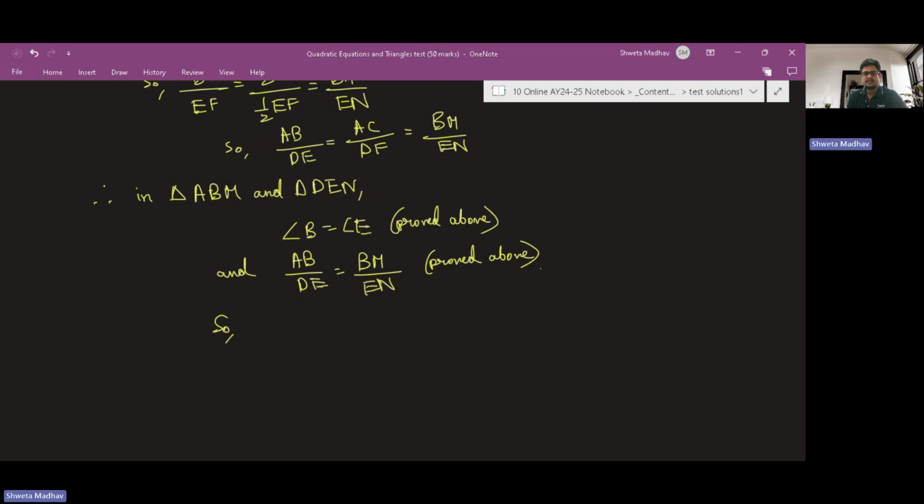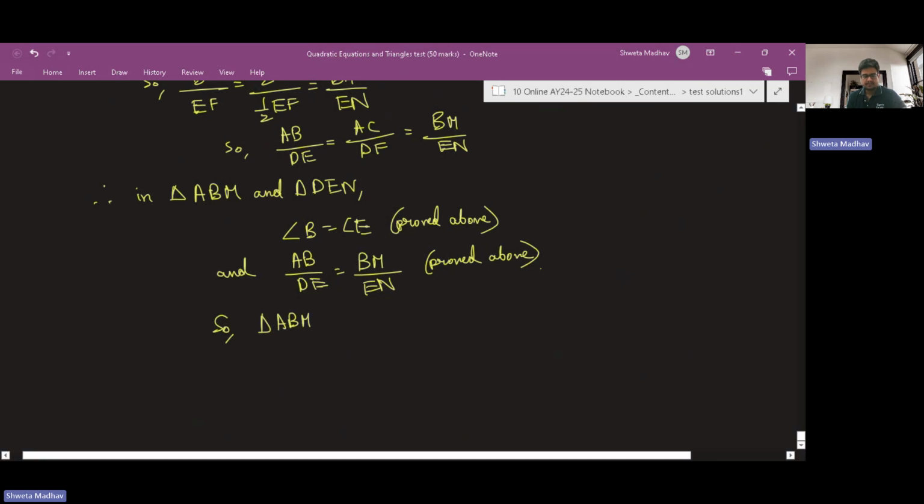So hence I can say that triangle ABM is similar to triangle DEN.